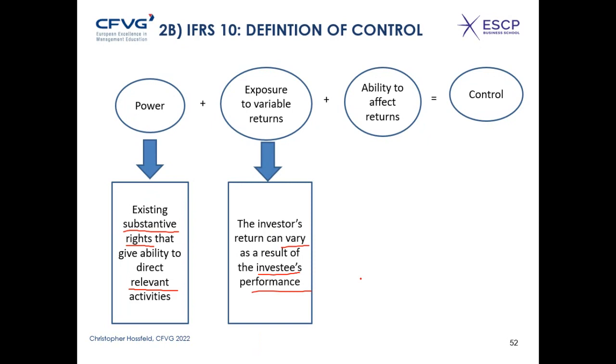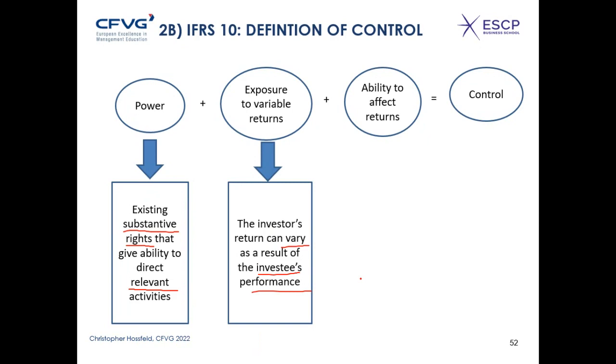But here, same thing in IFRS, the notion of variable return is very large. For example, a fixed interest rate bond that you have purchased means you are also exposed to variable return. And why is that? How is that possible? So assuming a company has issued a bond, you buy this bond, the bond gives you whatever 5% interest every year.